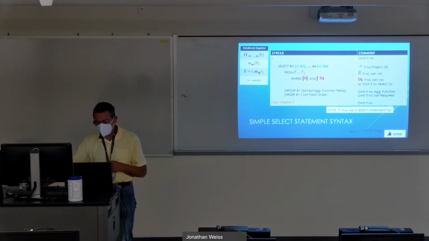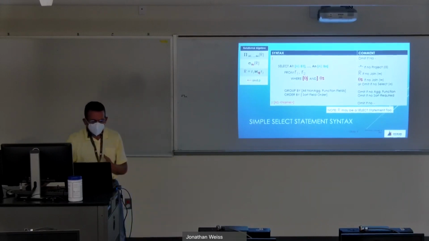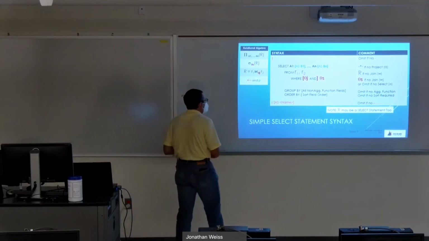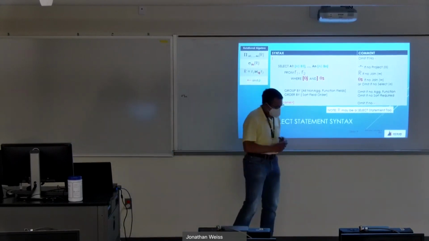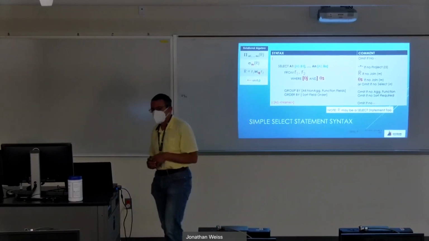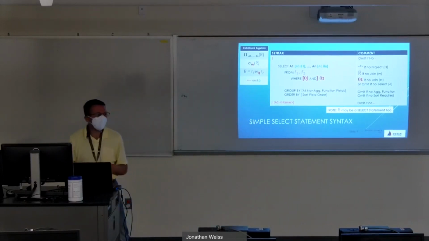And then you might be grouping things or ordering things, you might include that stuff. And you might be naming this something, or you might be naming the attributes. I've got those in here as well. But this is kind of a cheat sheet for the syntax for the select statement, and how it maps to the relational algebra.